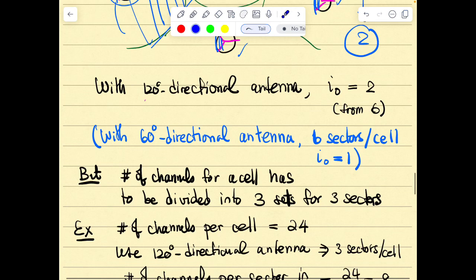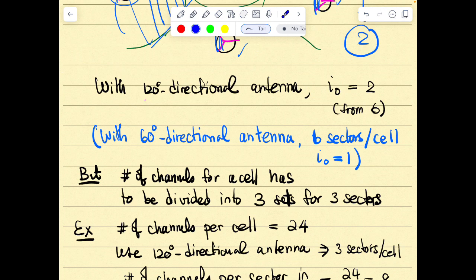So the good thing is SIR will be improved, but the bad thing is, as we learned in class, if we divide our resources, which is the number of channels, into different pools, here in one cell we divide the number of channels per cell into different sectors. So each sector will get a smaller portion of the channels.